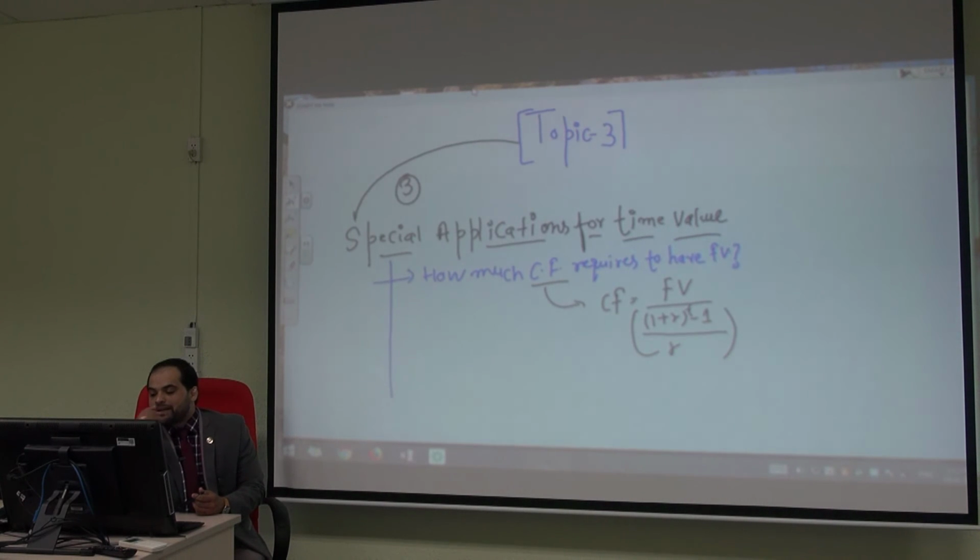By applying these formulas, we can estimate how much annual or fixed cash flow is required to have a future value. That's the meaning of the first special application.